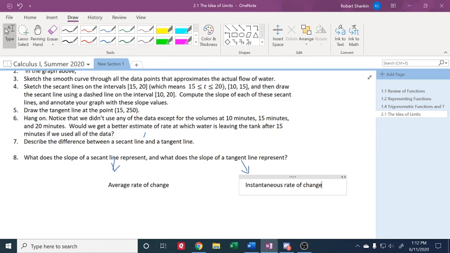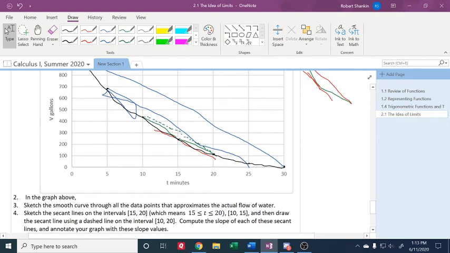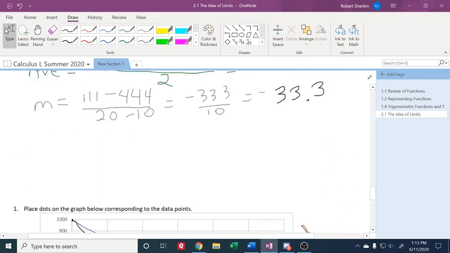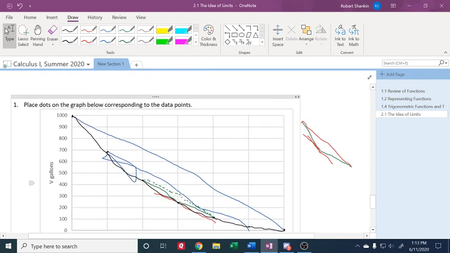Now they're both slopes, but for the secant line, you know how many points? 2. You have to have 2 points. Tangent line, you have to have how many points? 1 point. You can get the tangent line at t equals 15. That's what we're looking for. With just that 1 point. The others are secant lines, and the thing is tangent lines are hard to get.